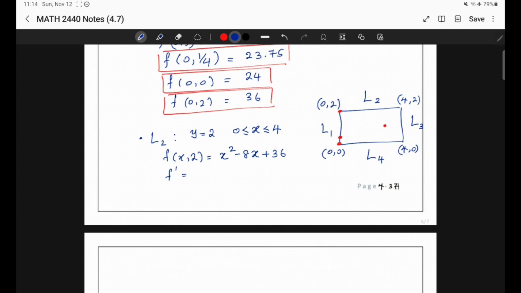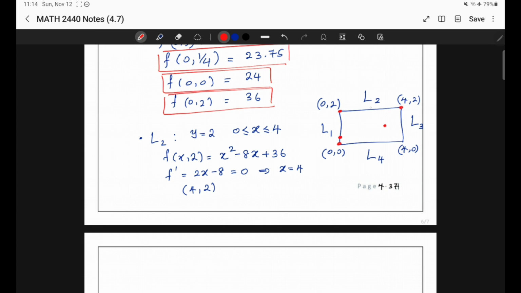Now find its derivative, 2x minus 8, make it equal to 0, you get x equals 4. Therefore, the critical point here is (4, 2). So that is the other border.